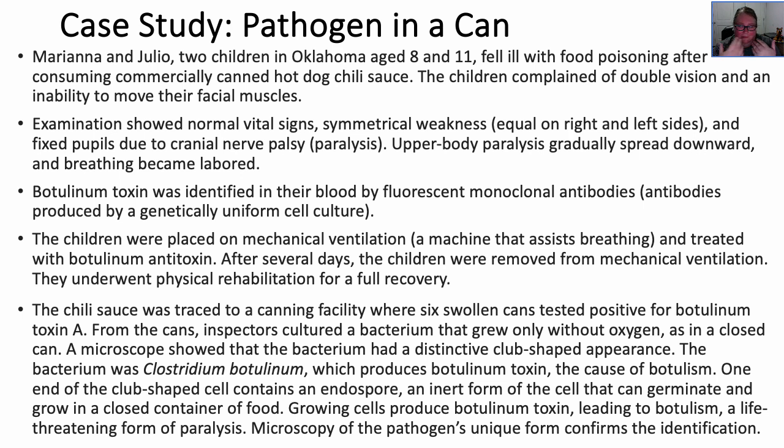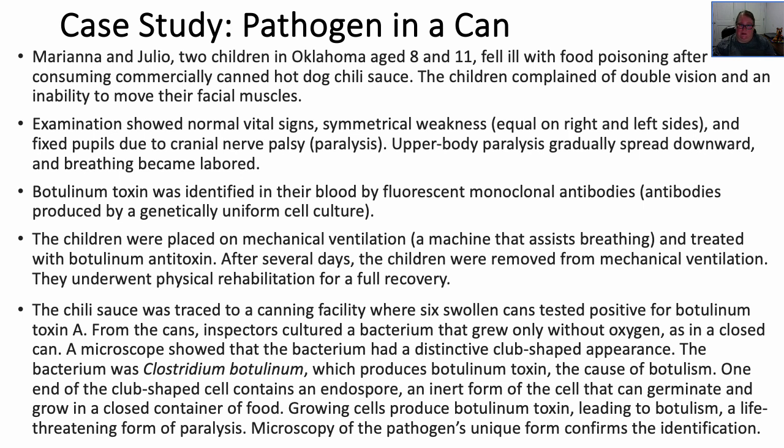They have blurry vision, symmetrical weakness but normal vital signs, and the pupils of their eyes are going into paralysis. They're fixed, so they're not adjusting to light. The paralysis moves slowly from their eyes and face downward and starts to hit their lungs.